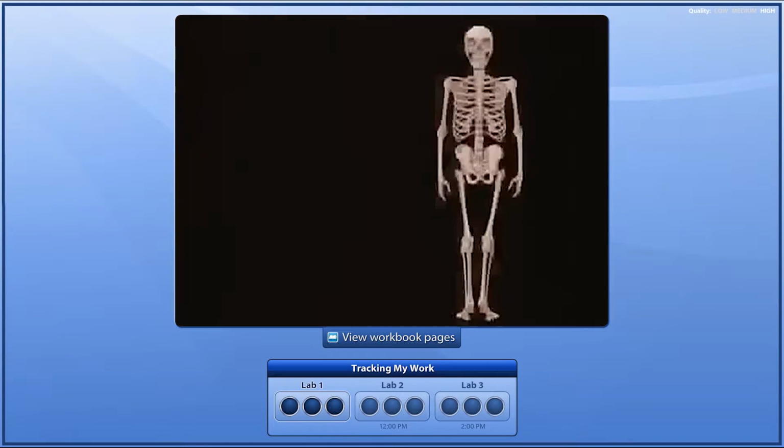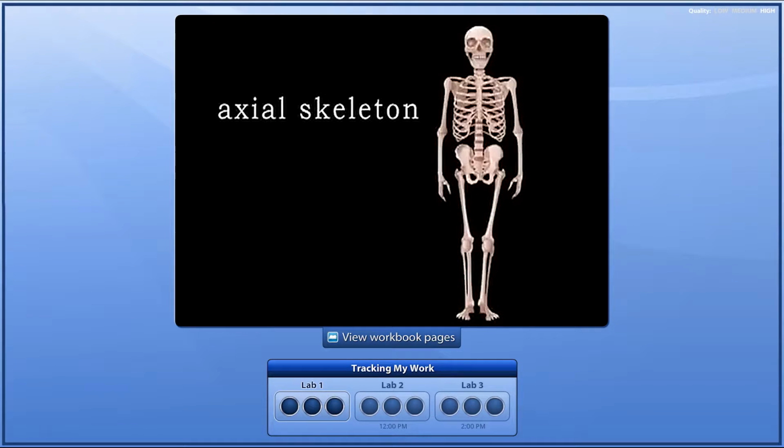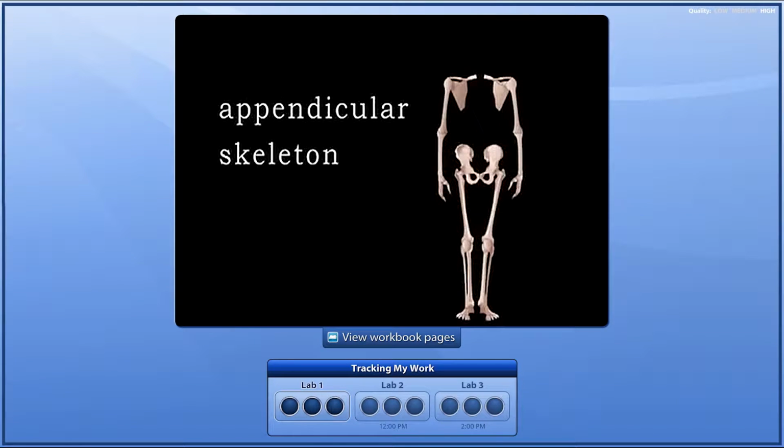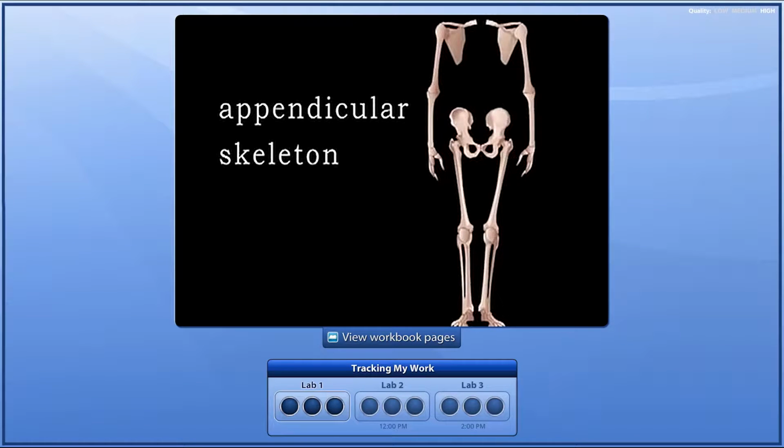The skeletal system is divided into 2 divisions. The axial skeleton, which consists of bones that form the longitudinal axis of the body, and the appendicular skeleton, which consists of bones that are appended to the axial skeleton.